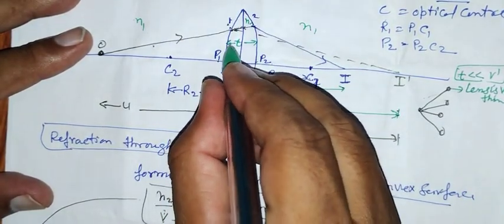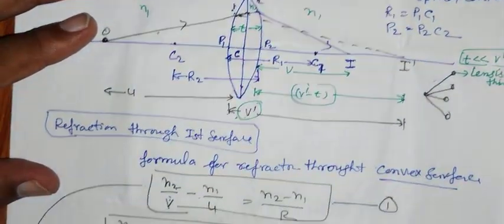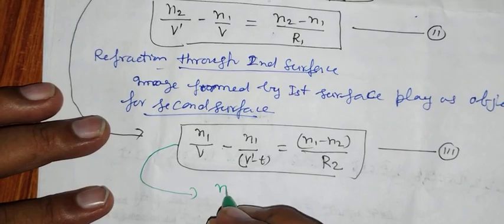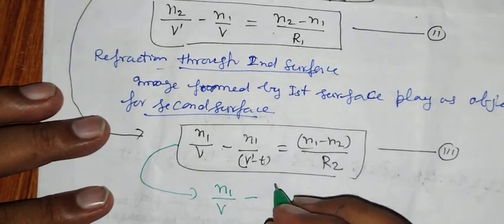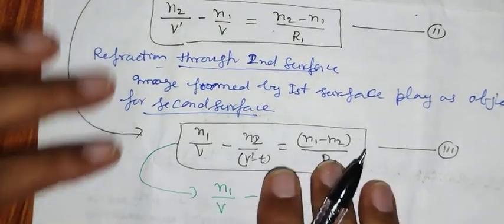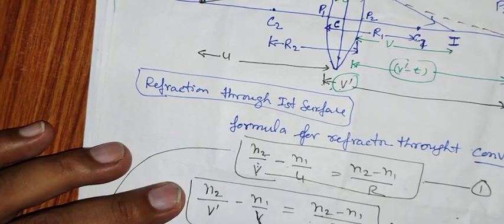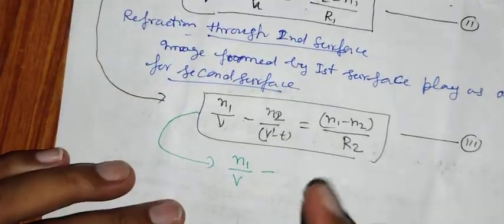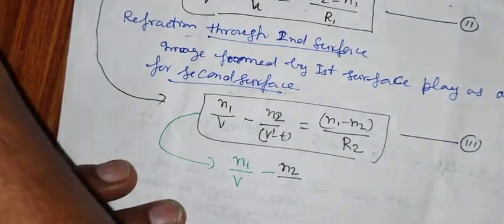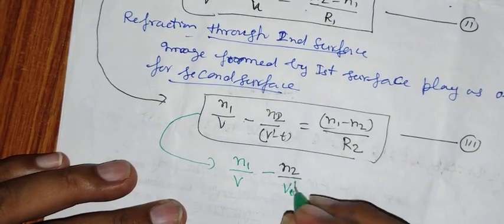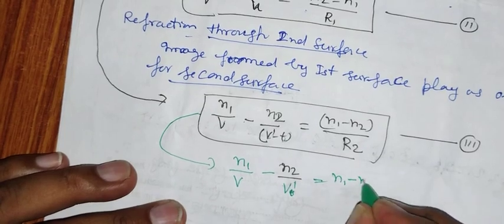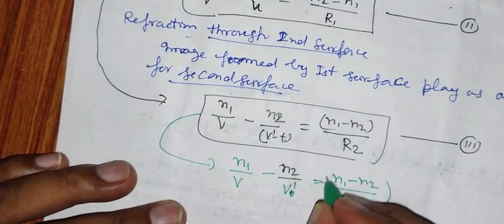We are actually neglecting the thickness of the lens here. So in that condition, this equation can be written as n1 by v minus n2 by u, minus n2 by v dash, neglecting the t, is equal to n1 minus n2 by r2.